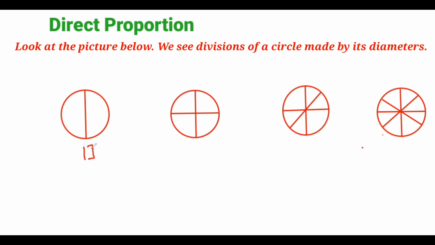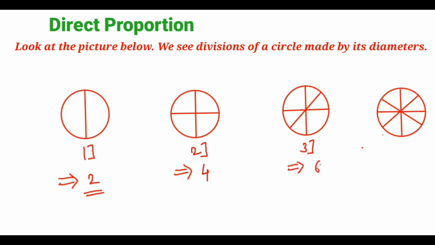Now look at the first figure, one diameter makes two parts of circle, two divisions of circle. In second figure, two diameters make four divisions or four parts of circle.